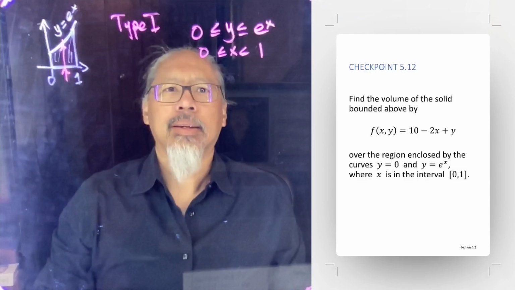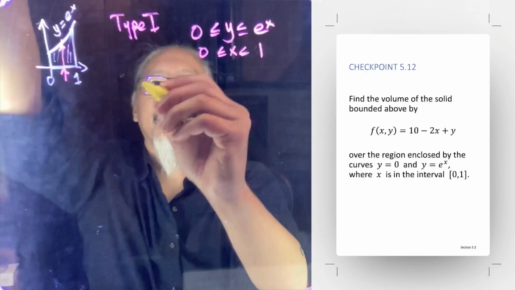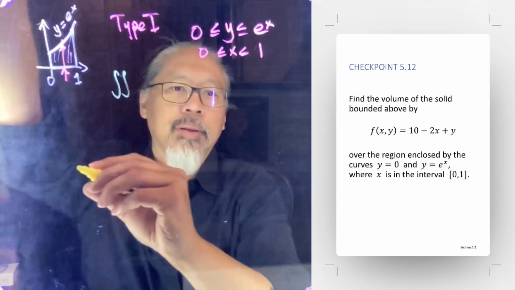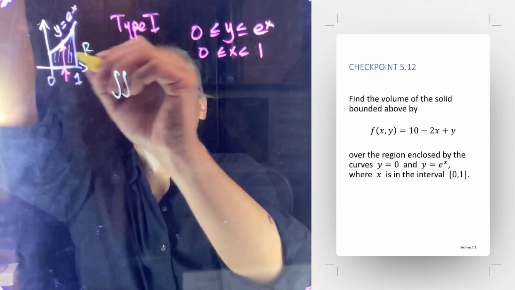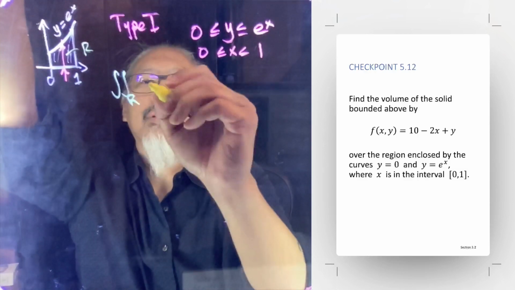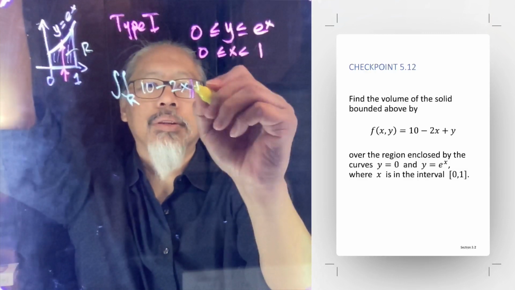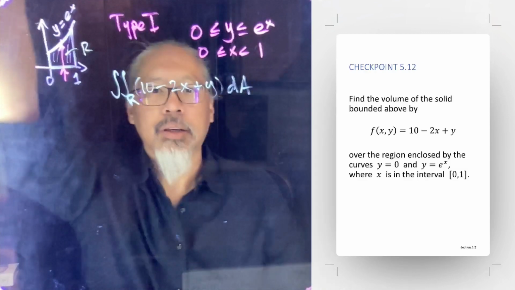Now we want to set up our double integral. So our double integral over the region R, if we call this region R, and our function is 10 minus 2x plus y dA generically.